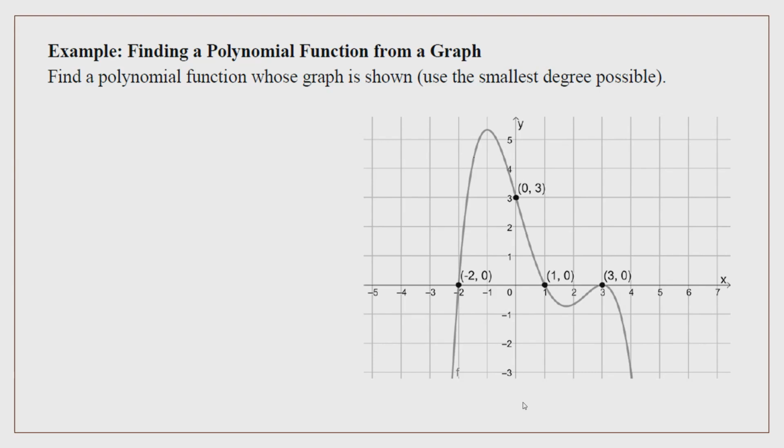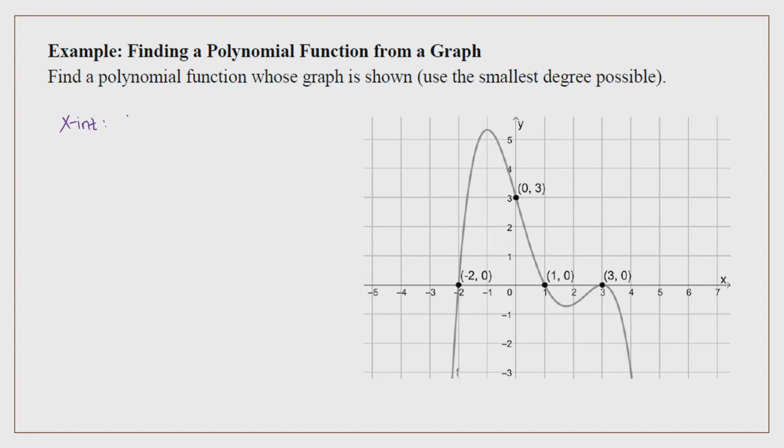All right, so when you're given a graph and they're telling you to find your polynomial function, here are the steps I would take. The first thing that I would do is pull out all of the information that I can retrieve from my graph. The first being my x-intercepts.